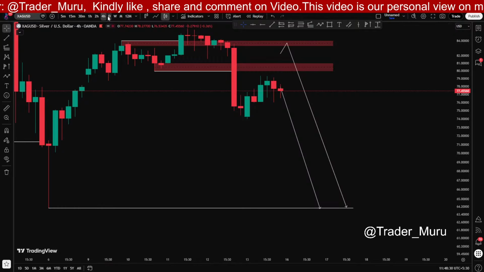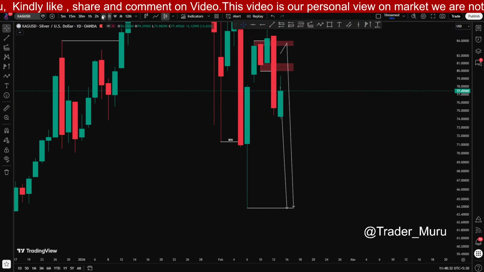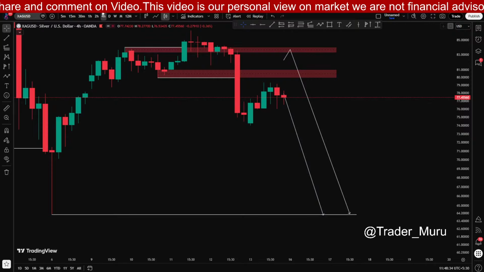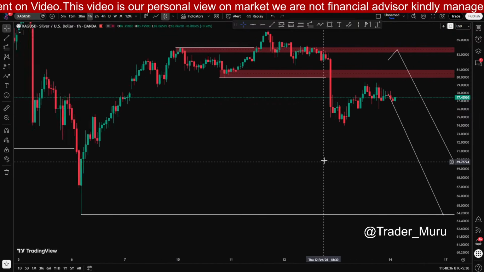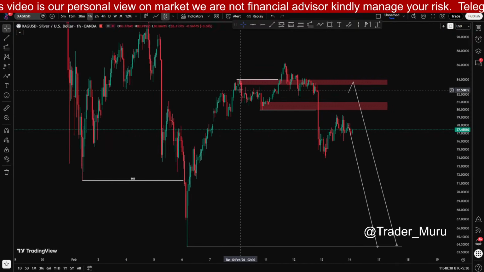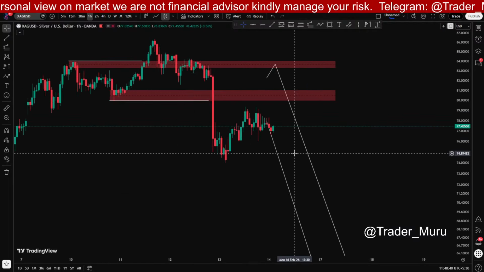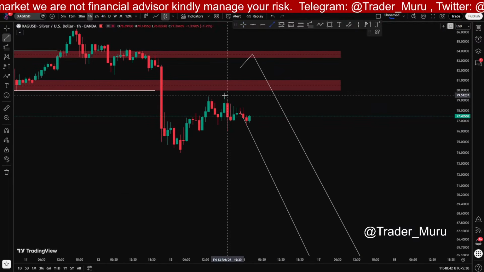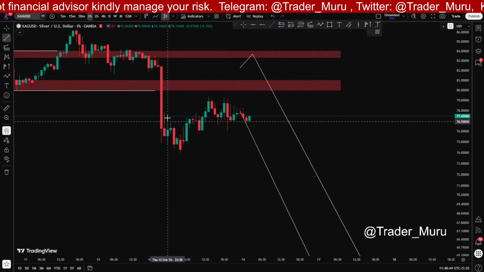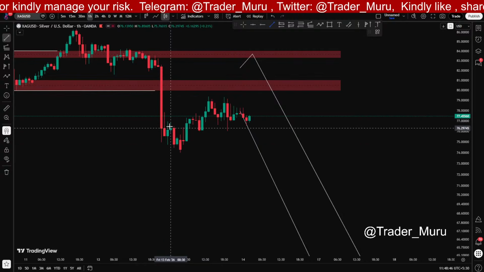Daily is bullish, 4-hour is bearish, 1 hour is also bearish, but in internal structure it is bullish. This is not retracement.